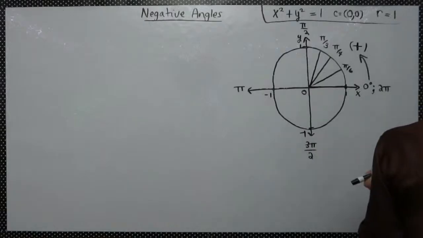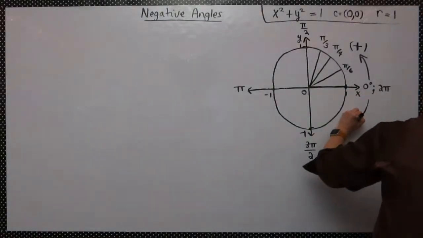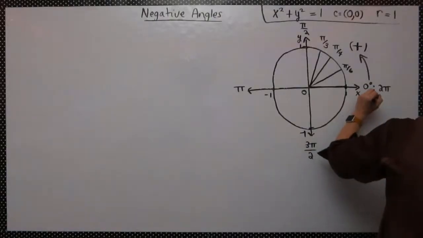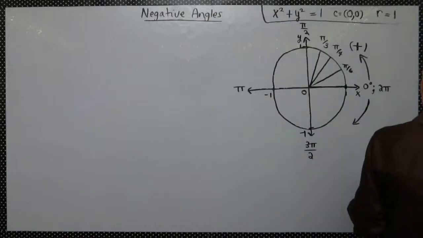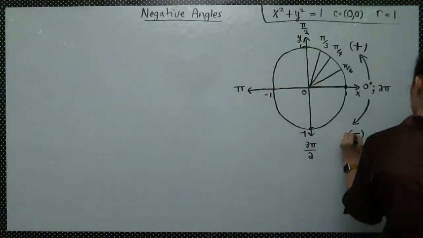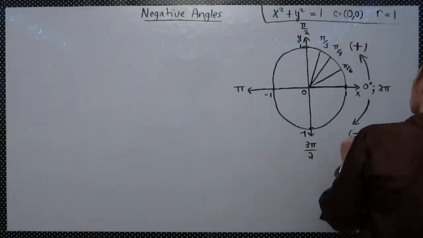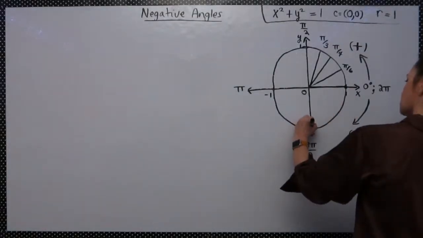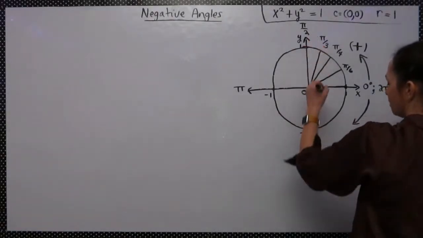But in math there's also a negative rotation. If you go clockwise, then clockwise is considered a negative rotation. And that's where they're getting those negative angles. So if you go clockwise 90 degrees, this is negative 90, so this is negative pi over 2 here.